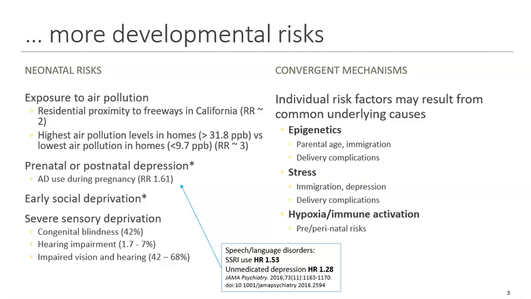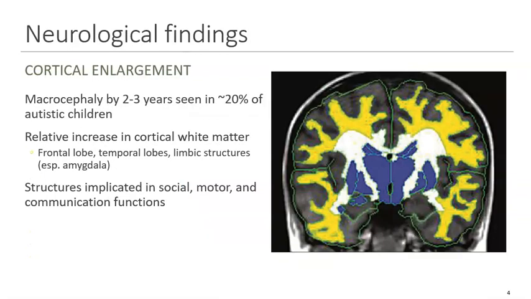The older the mother, an increased risk of ASD has also been associated. And then again, delivery complications we talked about. Stress would again be immigration, depression, any delivery complications, and then hypoxia or immune activation. And remember, immune activation is something we talked about in schizophrenia as well. So those are all the risks.